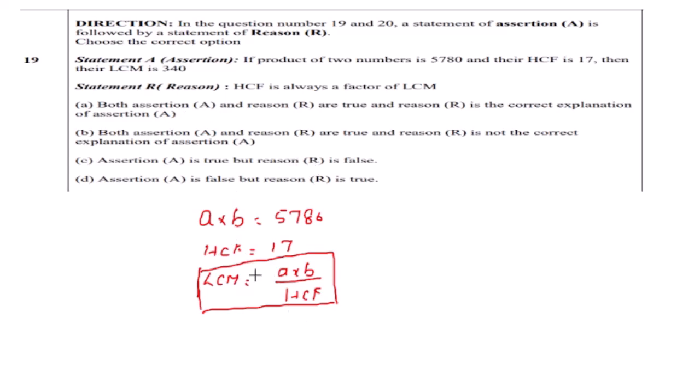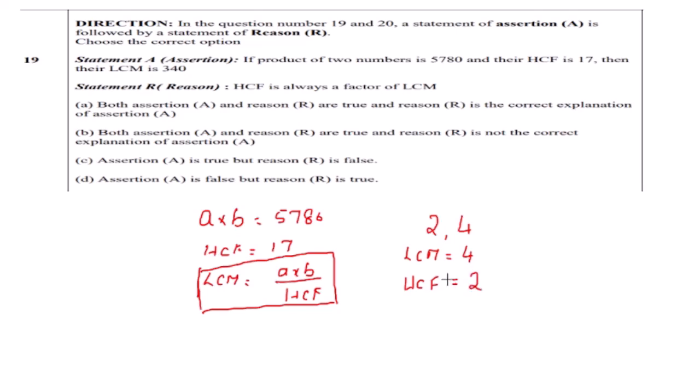But the statement given is that HCF is always a factor of LCM. No doubt at all. Always HCF is a factor of LCM, right? If two numbers you are given, 2 and 4, what is the LCM? LCM must be 4 and HCF is equal to 2. Highest common factor of 2 and 4 is 2 and least common multiple is 4.